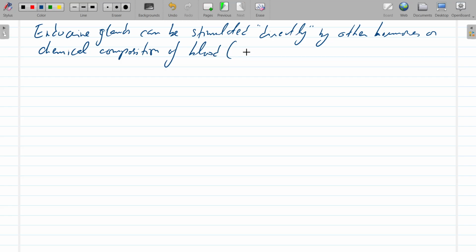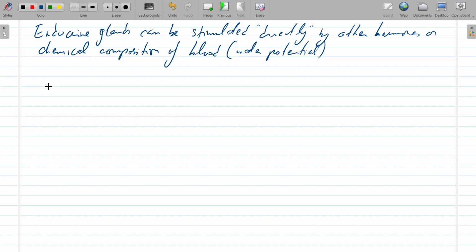For example, the water potential of the blood could be a trigger, or the blood glucose concentration or anything else. If there's too much carbon dioxide in the blood, that could be a trigger as well.